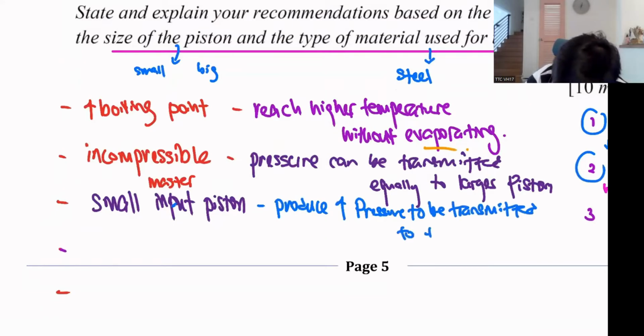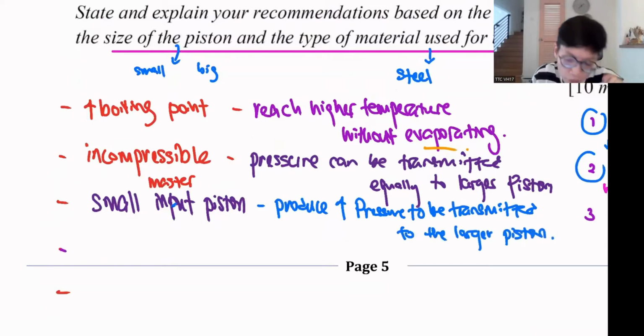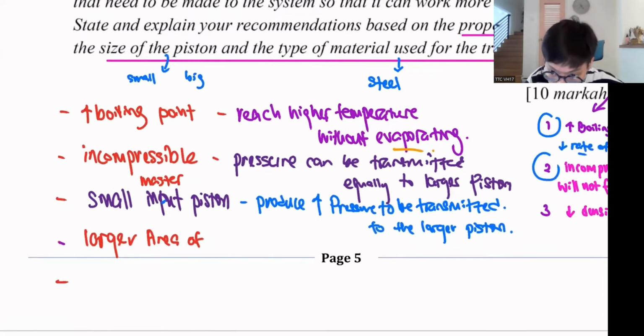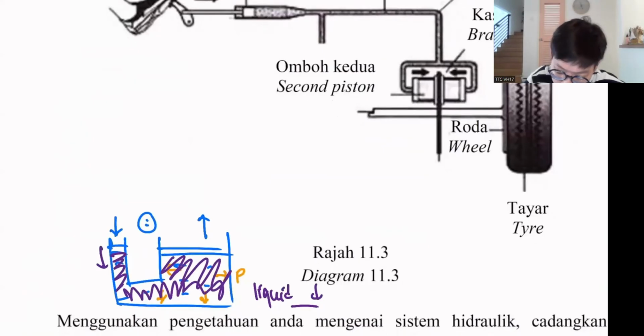to the larger piston. Remember, a lot of teachers actually get confused over this thing, whereby we never put small, and why do you want to have a larger area of the second piston?